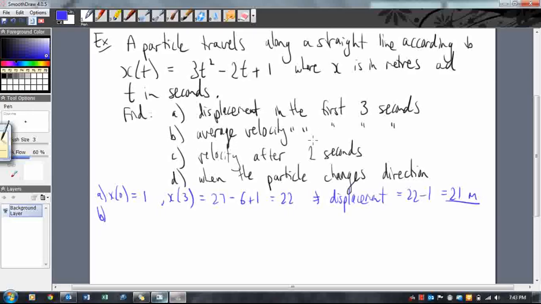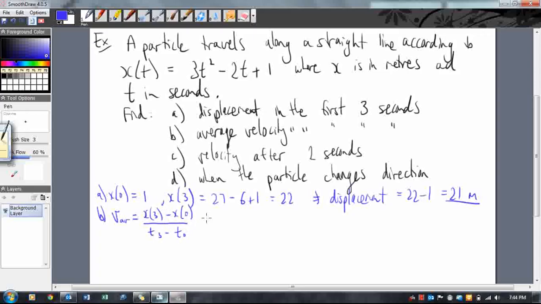Okay. Secondly, average velocity. I'm just trying to squeeze this in as much as I can, that's why my setting out's no good. The average velocity, remember, in the first 3 seconds, is equal to the position after 3 seconds minus the position initially, over t3 minus t0.